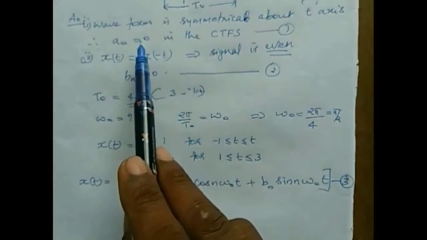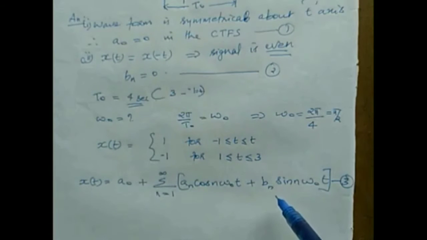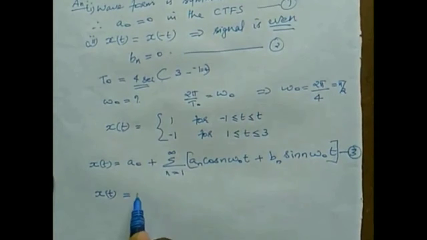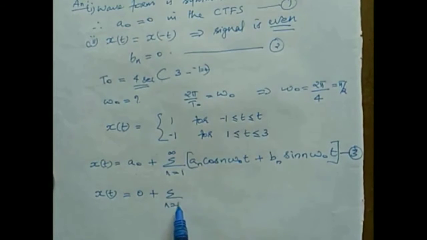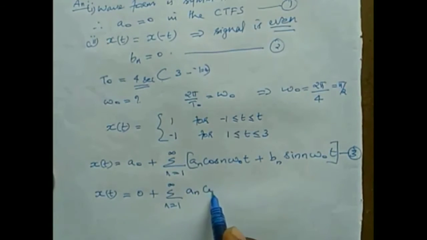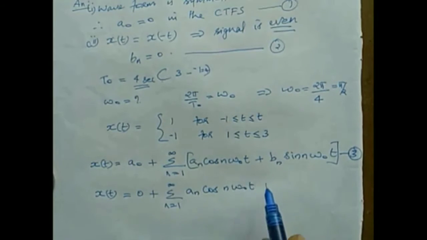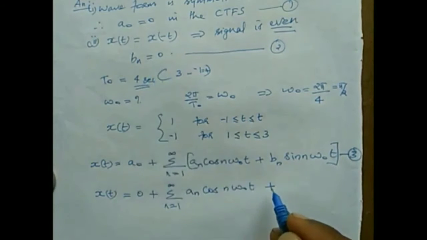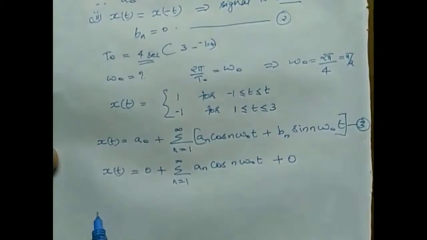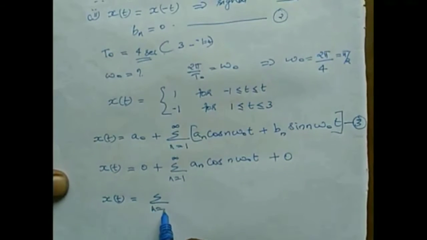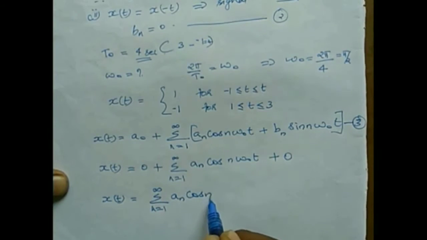If we substitute a0 and bn in this equation, the Fourier series contains x of t is equal to 0 plus sigma n equal to 1 to infinity an cos n omega 0 t plus bn, which is equal to 0. So the second term will vanish. So what we obtained is x of t is equal to sigma n equal to 1 to infinity an cos n omega 0 t.